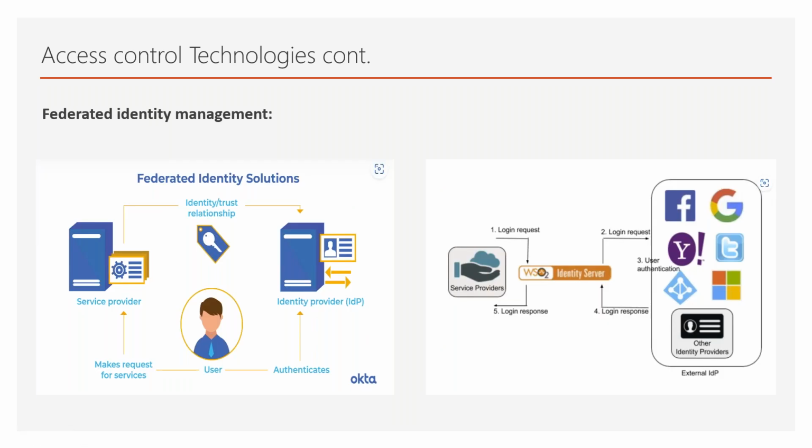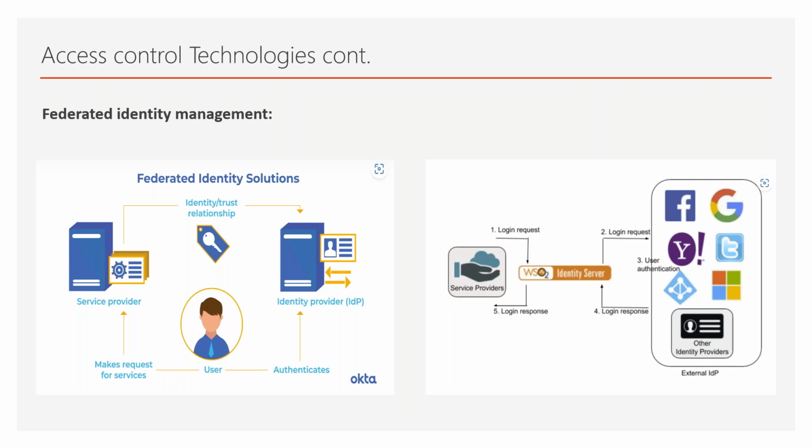Now the next topic is federation. As I have mentioned, in federation the SSO is applied on a much wider scale. When we talk about federation, there are three types of objects: an identity provider, a user, and a service provider.